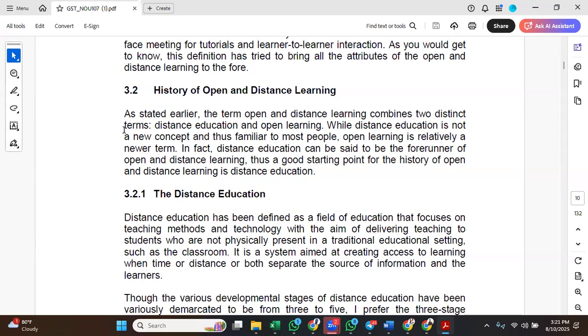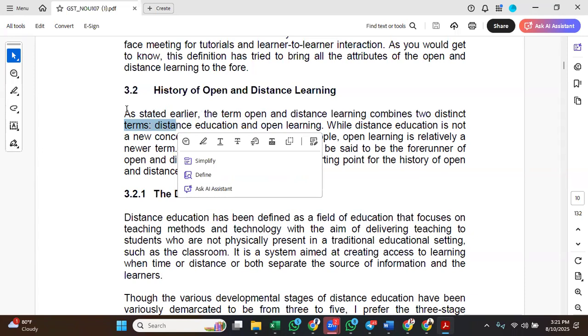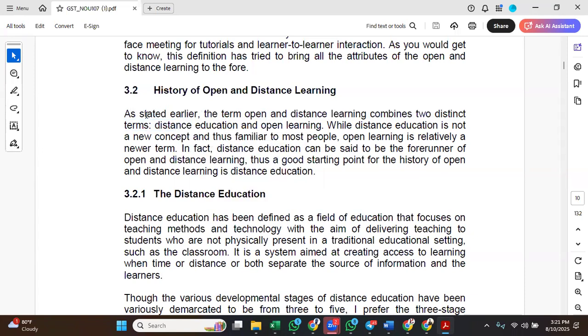What they are saying in essence here is that since we mentioned earlier that open and distance education is gotten from two concepts, the first one is distance education, while the other one is open learning. And we said that distance education has been in motion over a long period of time, while open learning is just a new concept. If that is the case, we can conclude that distance education gave birth to open learning.